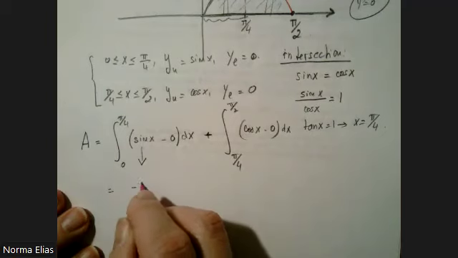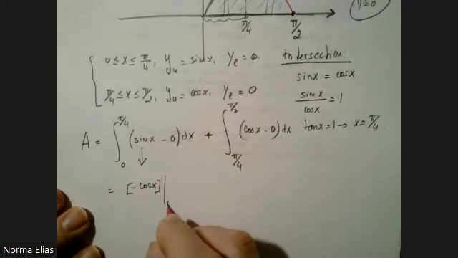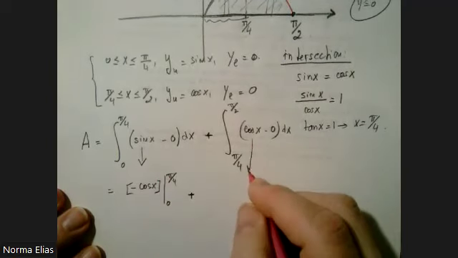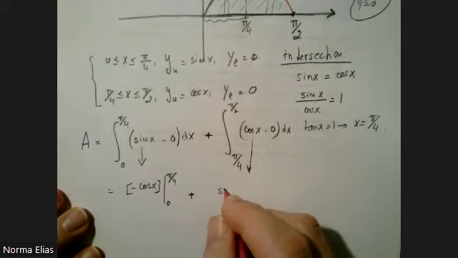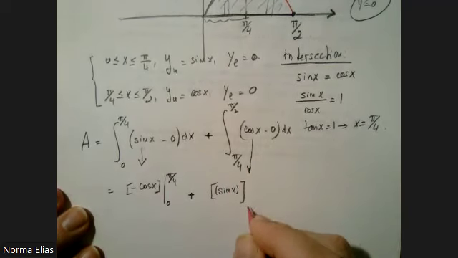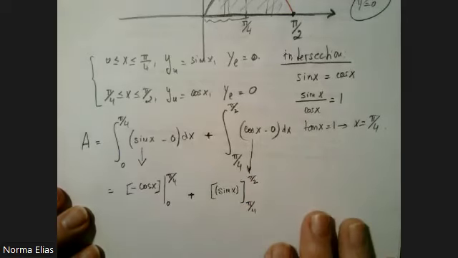Antiderivative of sine is minus the cosine, evaluated between 0 and pi over 4, plus antiderivative of cosine is the sine, evaluated between pi over 4 and pi over 2.